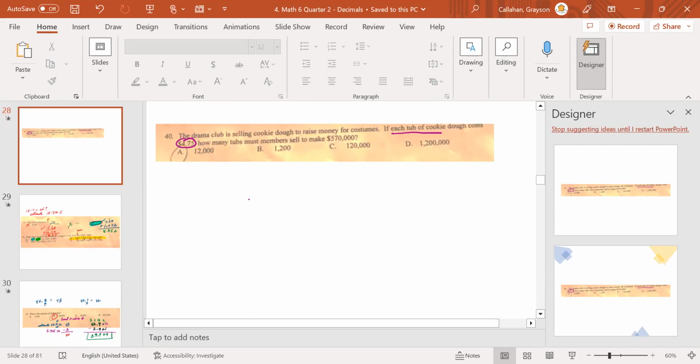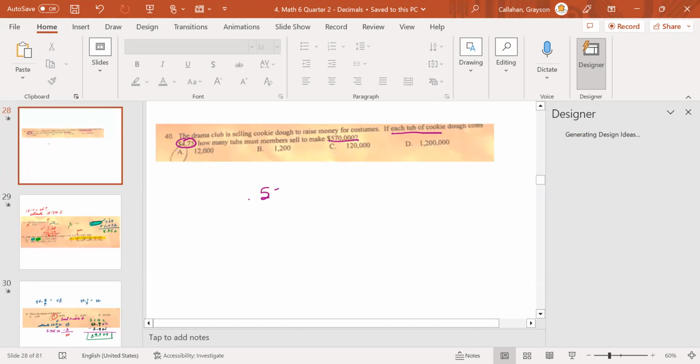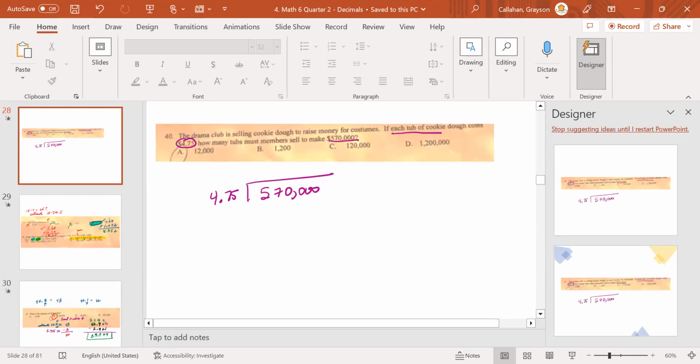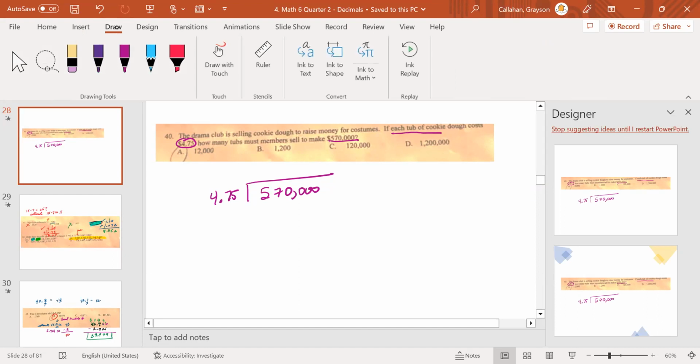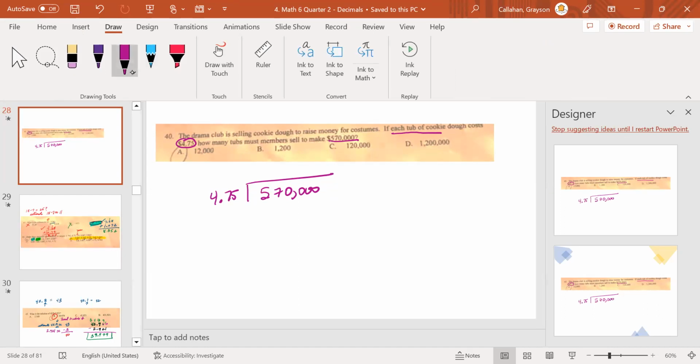So what are you doing in this case? Divide. So 570 divided by $4.75. This is a really good question when it comes to estimation, mainly because if you do the actual division, it's going to take you a long time since you can't divide with decimals, right?